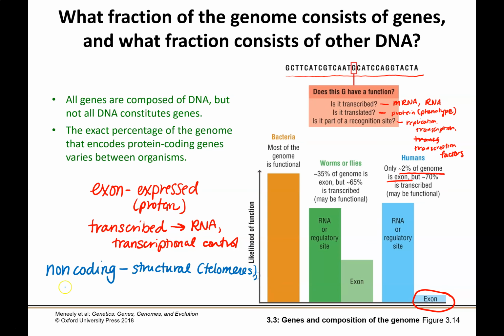They may be DNA that's no longer needed and has probably acquired some sort of mutation so that it's no longer functional, or it may just be unknown function. So it's not that it necessarily doesn't have a function, but we just might not know what that function is yet.